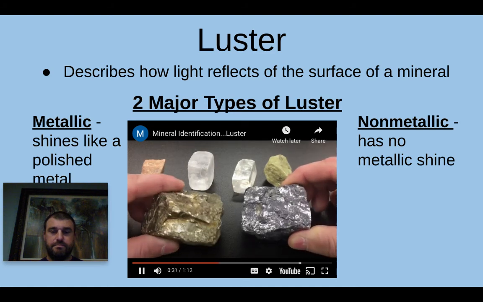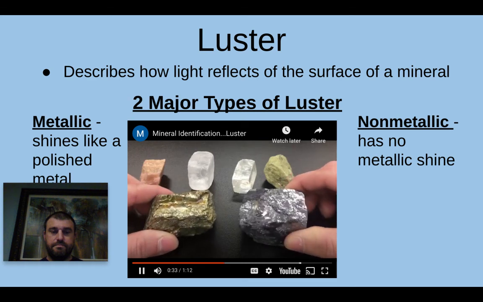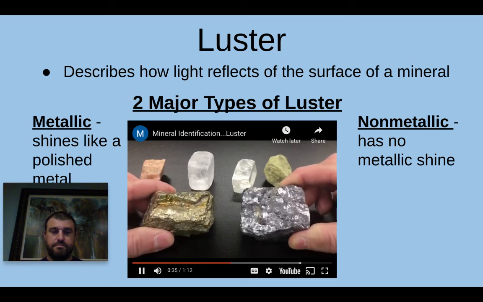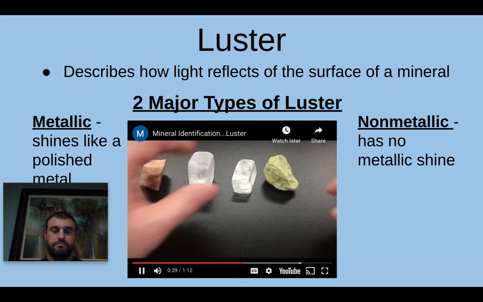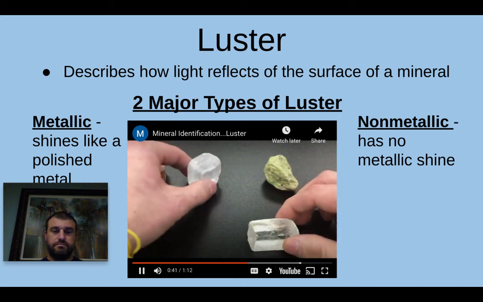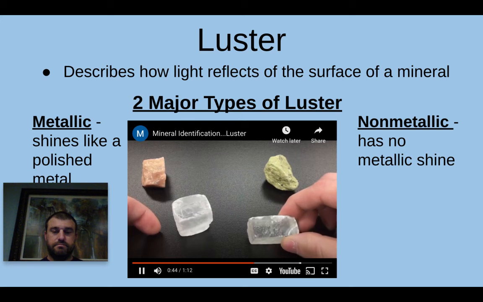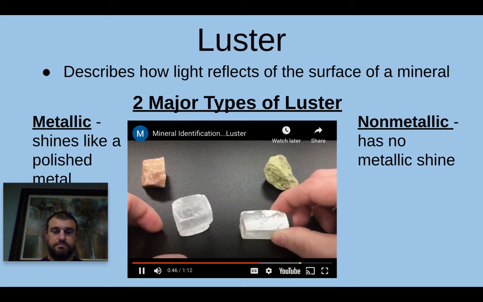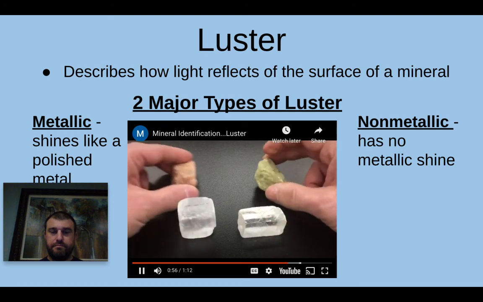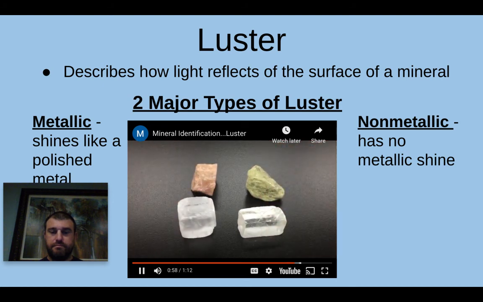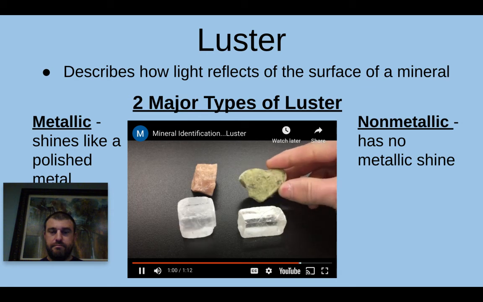Not only is it shiny, but it has a silvery or a gold appearance to it. Not all minerals that reflect light and are shiny are metallic. For instance, this mineral easily reflects light, but it does not look like a metal as it is clear. These four samples would be considered non-metallic.